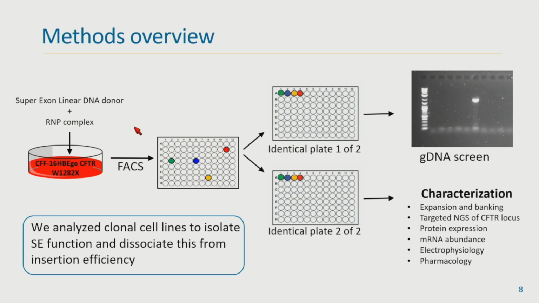And we did this using conventional CRISPR-Cas9 based approaches, and we delivered the superexon to 16-HBE GE1282X cells. Importantly, we also subcloned out those cells to isolate individual clonal cell lines with the superexon inserted and then characterized them. And we did this because, remember, our goal is focusing on the cargo. And what we want to do is isolate the superexon function. We want to isolate the effect of that cargo and dissociate this from insertion efficiency.